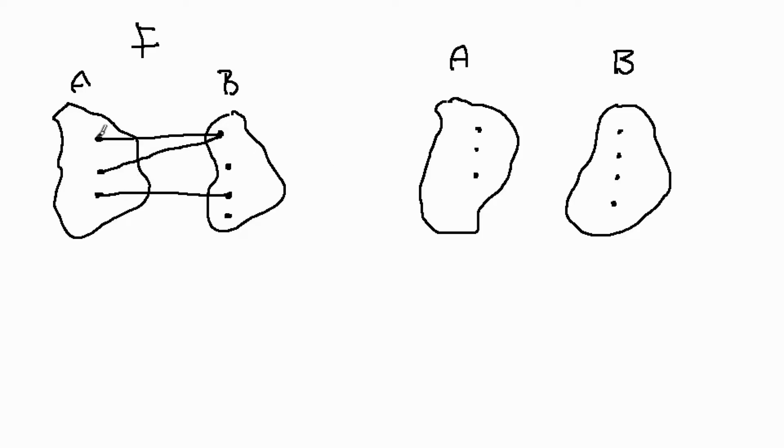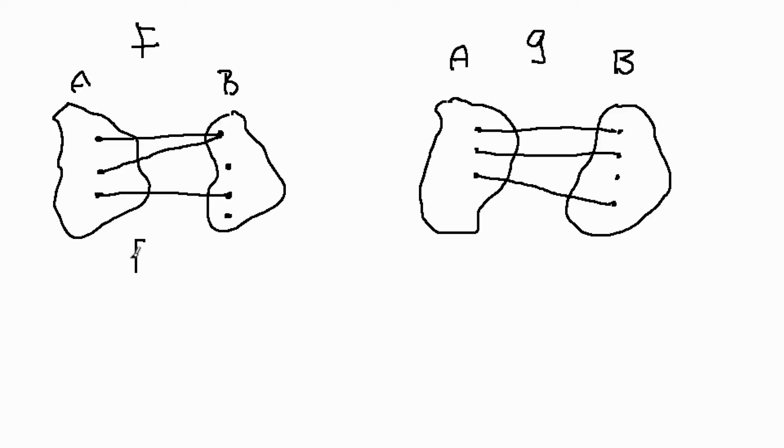Okay, so we have 3 elements in A, we have 4 elements in B, and let's draw this one over here. Let's have it look like this. And let's call this G.